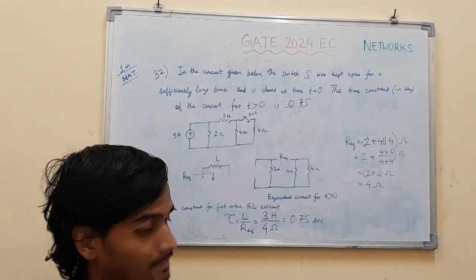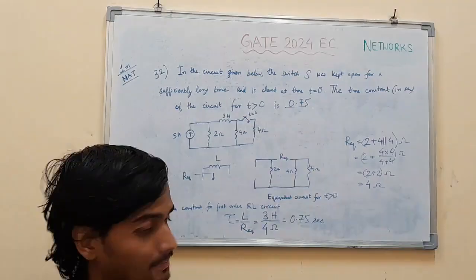This is equation 2. Now we can compare these equations 1 and 2 directly with the standard Y parameter equations, as they are in the form I1 equal to something V1 plus something V2. So comparing, we get Y11 as the coefficient of V1 in the equation of I1, which is half or 0.5 siemens.